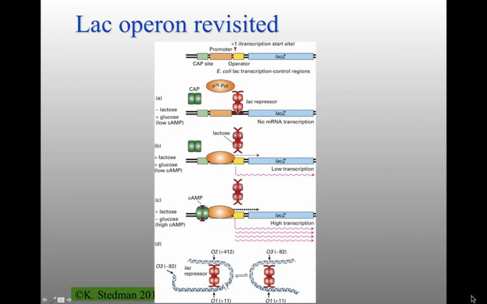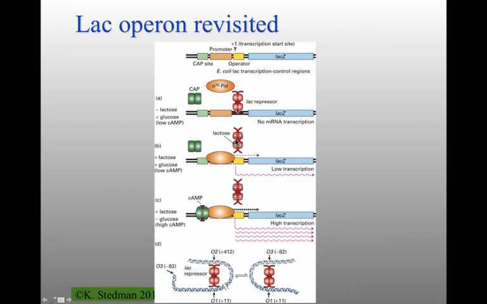So let's look at this process again. Here's the lac operator up here together with the CAP or CRP binding site. The operator is again slightly downstream of the promoter. In the absence of lactose, the lac repressor is going to bind to DNA. So no lactose around, you don't need to make any of these genes to break it down. That's going to stop any expression. In the presence of lactose, this lac repressor then is no longer binding to the DNA.